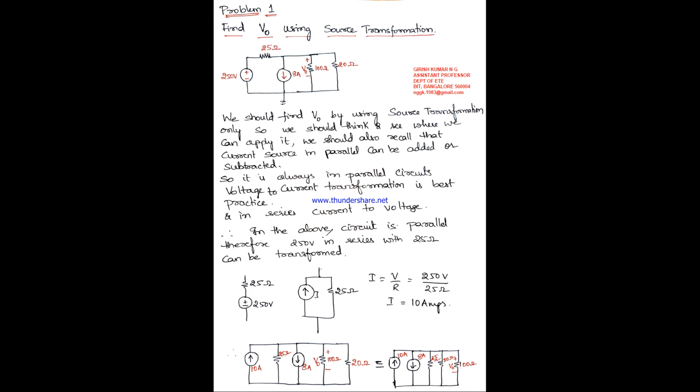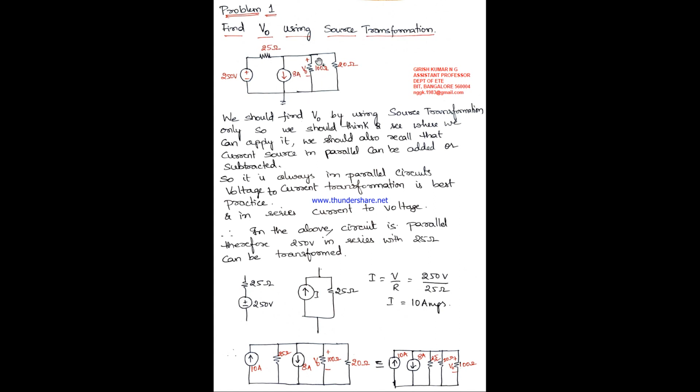Okay, so the first thing you need to look into in the network is: can we find a voltage source in series with a resistance, and a current source in parallel with a resistance? Now here this current source is in parallel with this 100 ohms, and the same current source is also in parallel with 20 ohms. The voltage from this particular node to ground will remain constant.